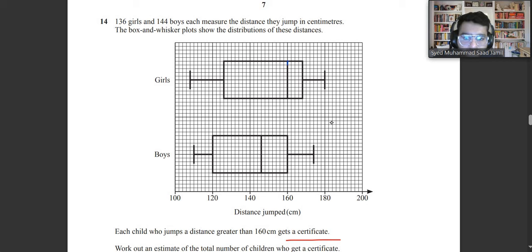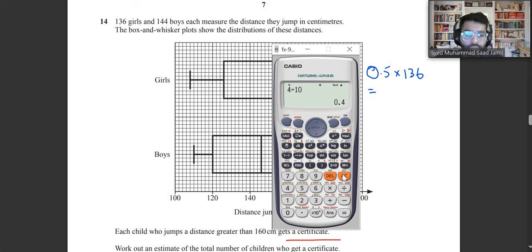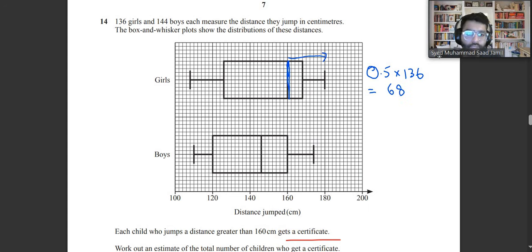So this is 160. So for the girls, it's from the median all the way up till the upper quartile. So it's like 0.5. So it's going to be 0.5 multiplied by 136. It will give you the value for the girls. So 0.5 multiplied by 136, that's 68. And for boys, look, it's from the upper quartile value.